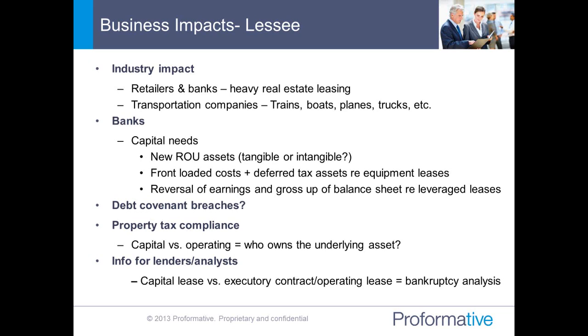Property tax compliance is going to be more difficult for lessees because the property tax rules say that property tax is only due on existing capital leases, and if they commingle capital leases with operating leases, people are going to have to keep 2 sets of books for property tax compliance.